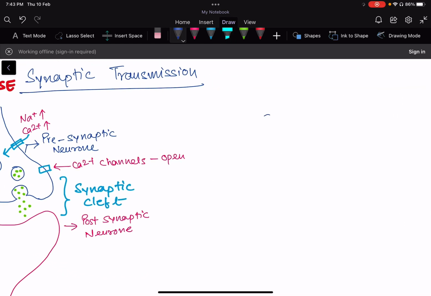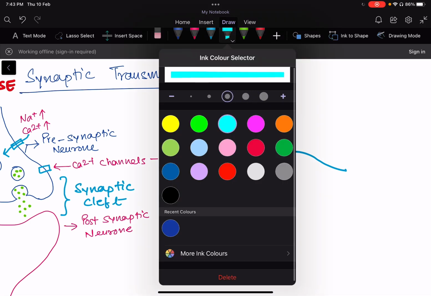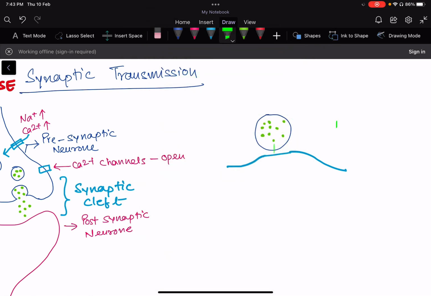So let's say this is the vesicle, these are the neurotransmitters, and this is our presynaptic membrane. In the vesicle we have some proteins. We call them V snare proteins.